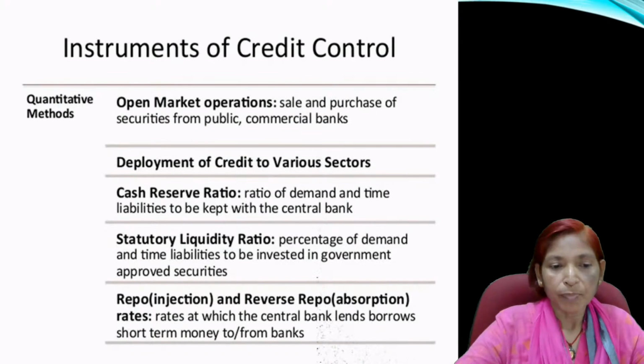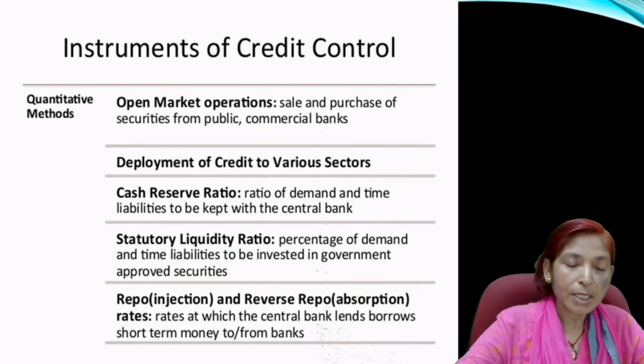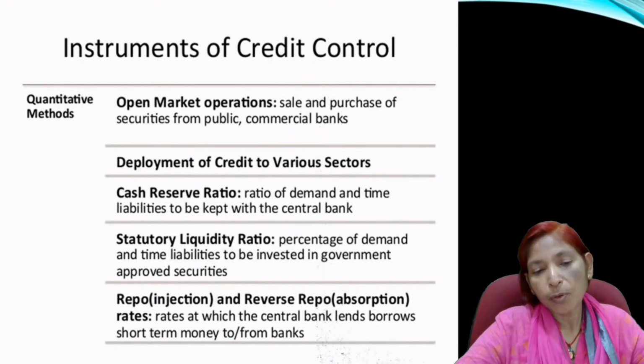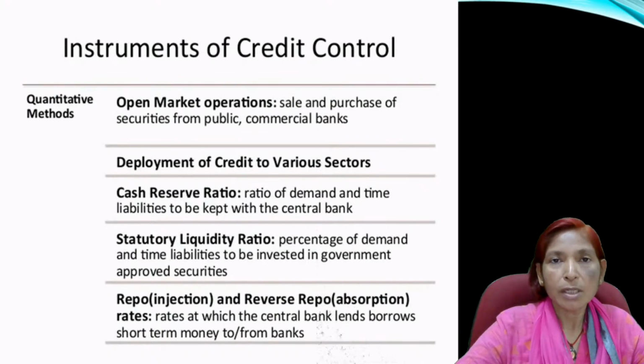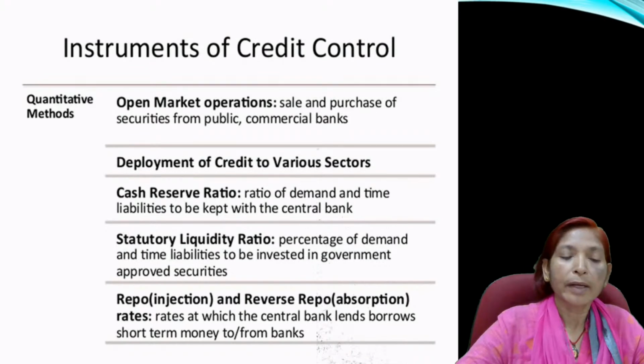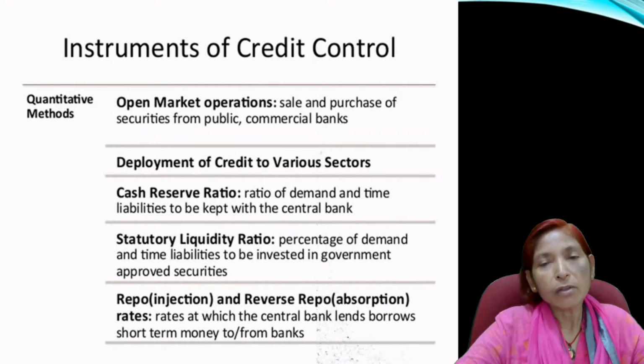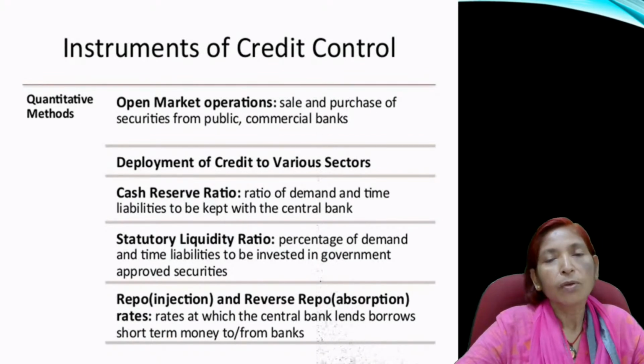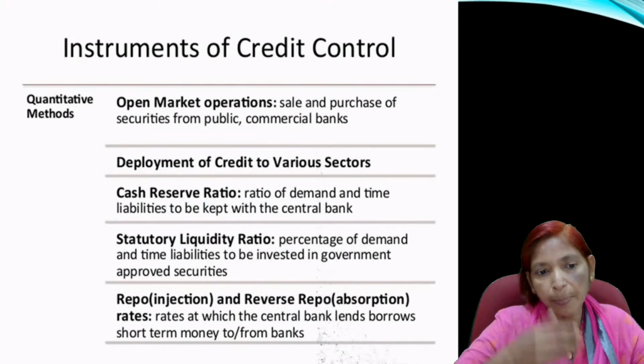and bank rate. So what is repo rate? Repo and reverse repo. Repo means injection and reverse repo means absorption. These are the rates at which the central bank borrows short-term money to and from banks.